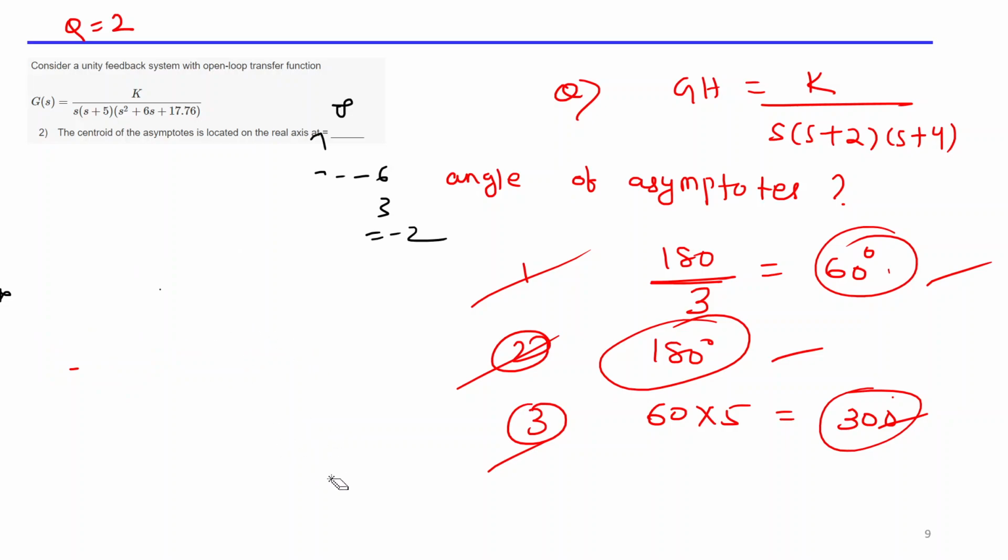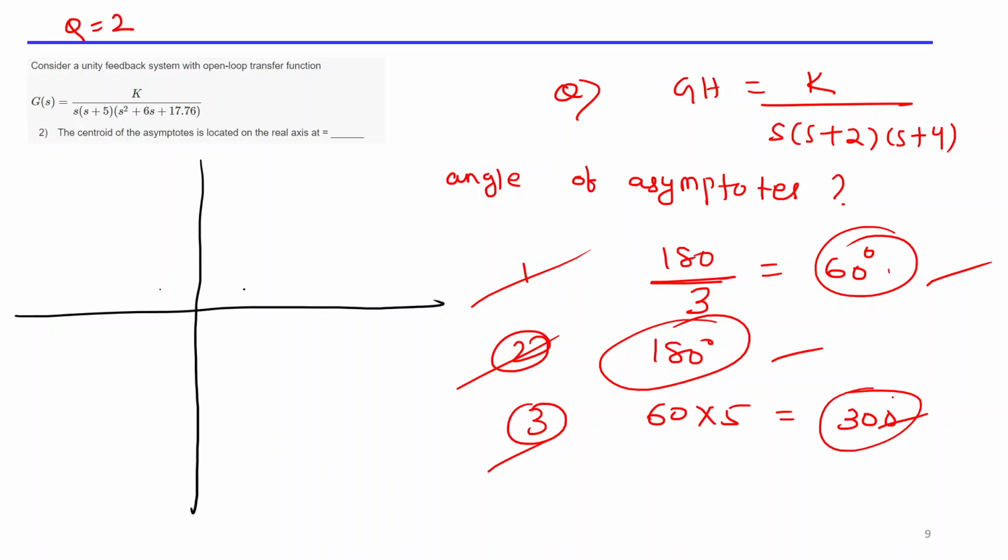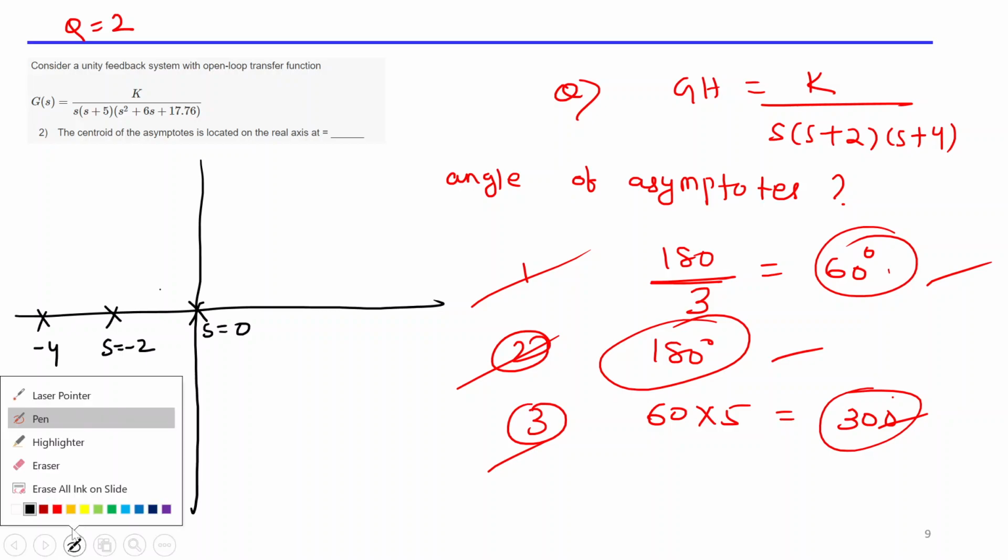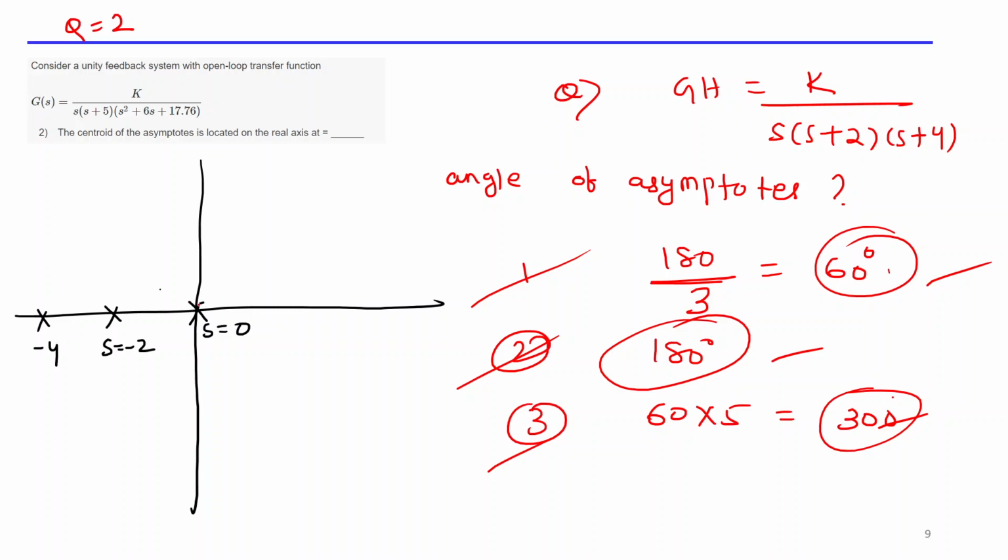Listen carefully. Suppose this question is given to you, and how will you draw the root locus diagram? There are four options with you. If I'm in your place, then I will start this question. First of all, I'll look at my pole locations. This is s equal to 0, this is s equal to minus 2, this is s equal to minus 4. You know which are your root locus parts.